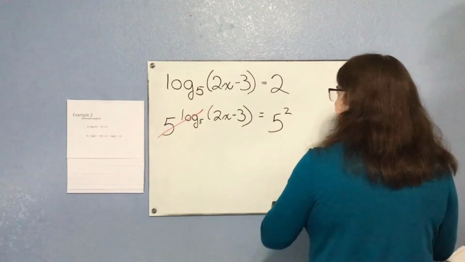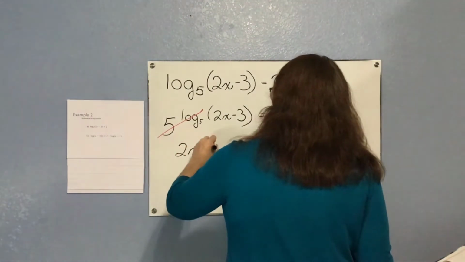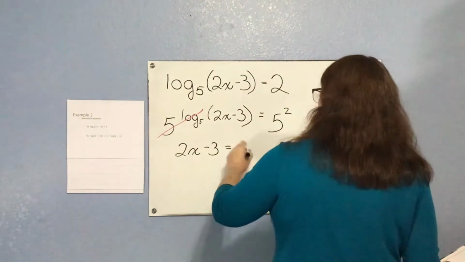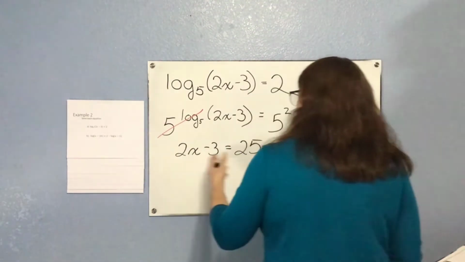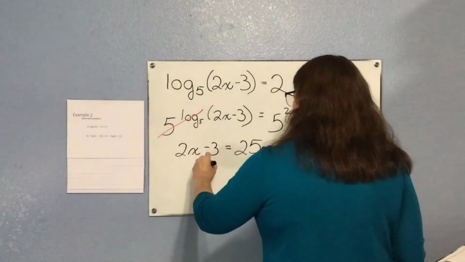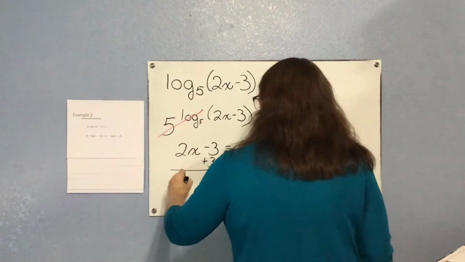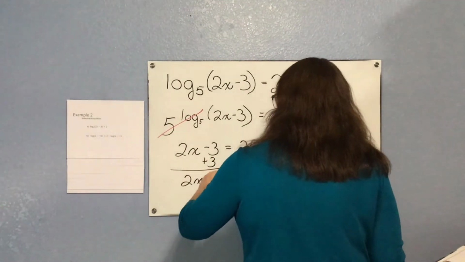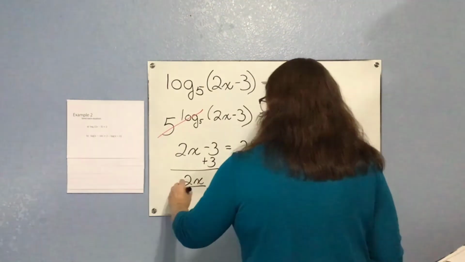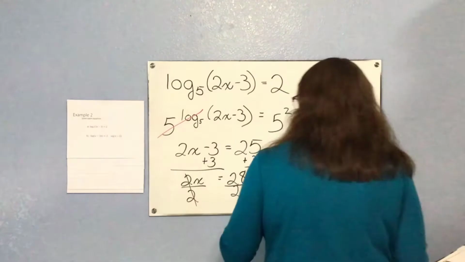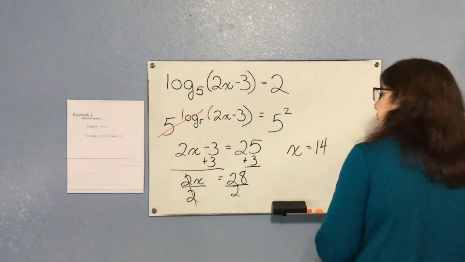So now I can write 2x minus 3 equals 5 squared, which is 25. And now I have a very simple linear equation. 2x equals 28, so x is equal to 14.